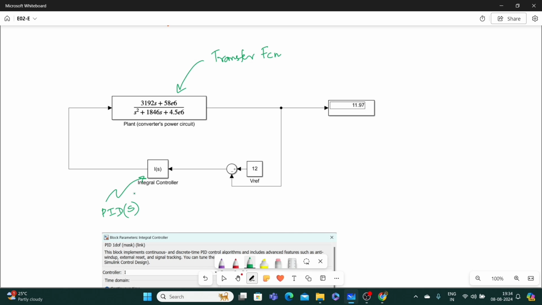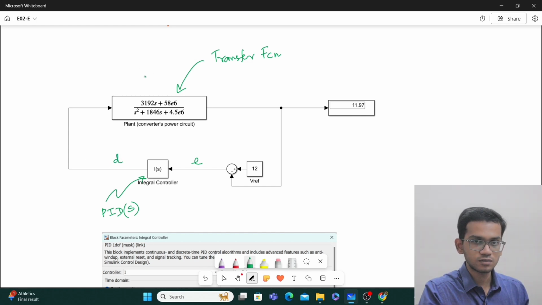Now this represents our whole system. This represents the plant, this represents the controller. We are taking feedback from the output of the plant. We are comparing the reference value with that voltage, producing an error. This error is given as input to the controller, which will in turn give me the duty ratio as the output.